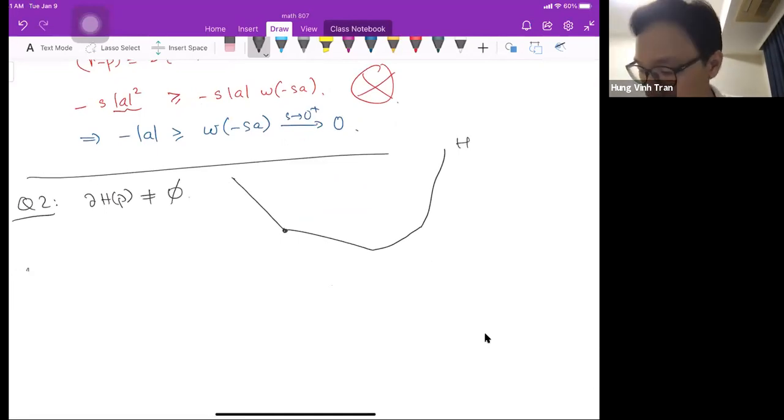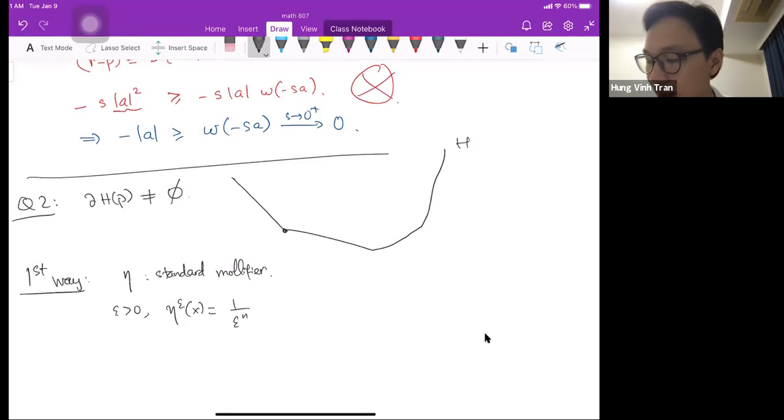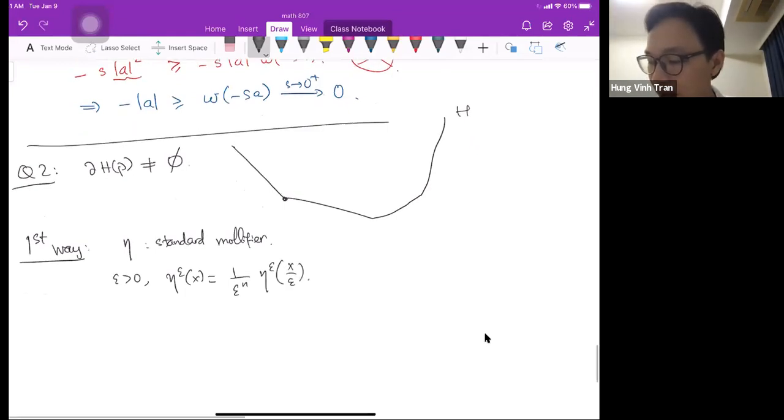Let me write quickly. You take eta as a standard mollifier. This is like baby Rudin, right? You take a standard mollifier for epsilon greater than 0. You define eta epsilon of x as 1 over epsilon to the n times eta of x over epsilon. And then you define h epsilon at p as eta epsilon convolved with h at p.